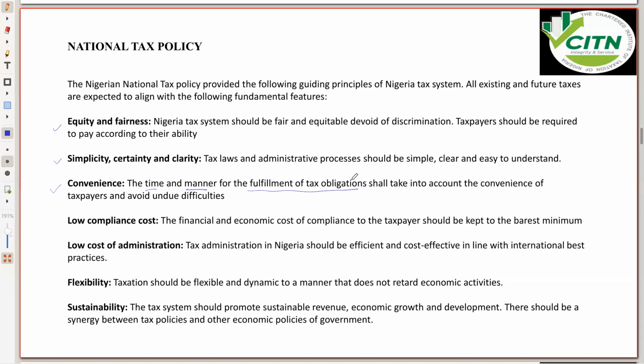So let's say we're looking at taxation on a monthly basis, VAT for example, and you're saying the VAT filing for each month, for January for example, should be on the last day, which is the 31st of the month.